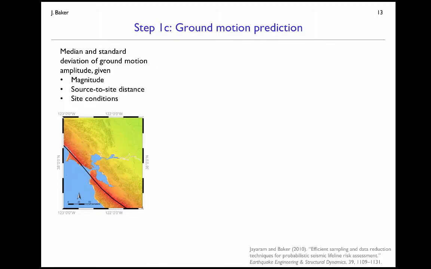And now that we've got the parameterization of the earthquake scenarios and the soil conditions, we can simulate or predict ground motions. So here over on this left pane, we've got an illustration of a median ground motion prediction. The black line moving from northwest to southeast is one of our earthquake scenarios, a northern San Andreas fault rupture, and we've got a magnitude associated with it. For every point in this map, we know the source to site distance, how far away from this earthquake rupture we are.